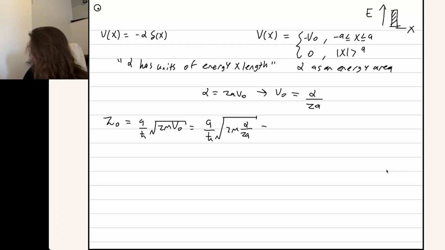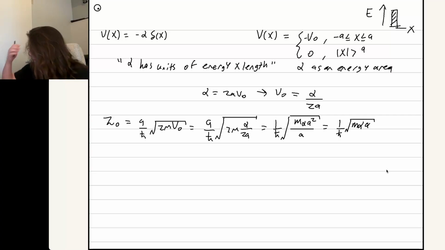I'm actually going to move the a on the outside into the radical, so we have m alpha a squared over a, which is going to give us 1 over h bar square root of m alpha a.